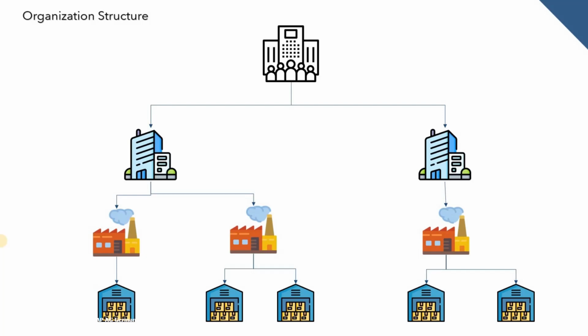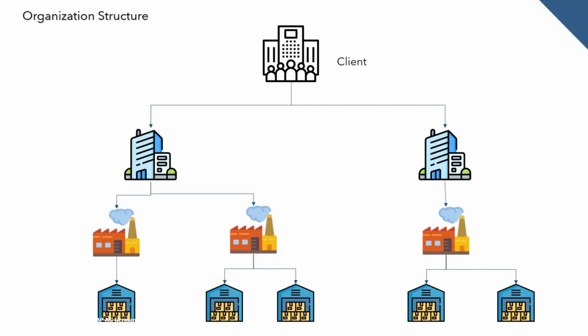You have Tata Steel, and many other companies or subsidiaries. You can also take Reliance as an enterprise, or as a client. Under that, we have many companies or subsidiaries of Reliance.